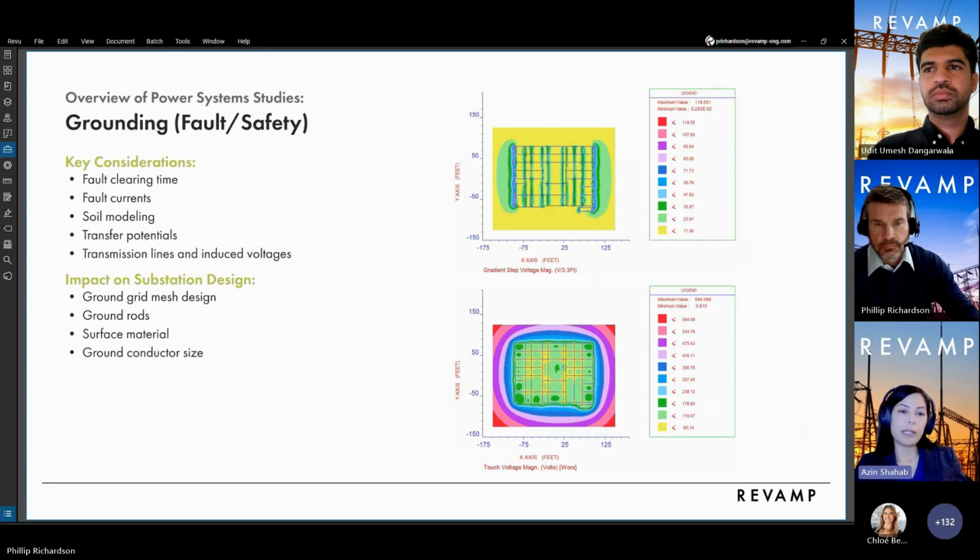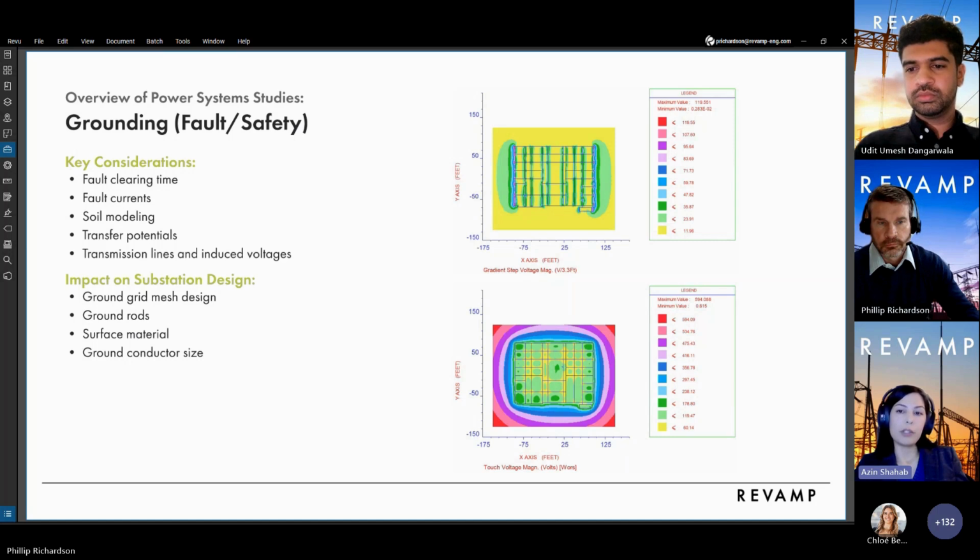The key factors that we typically consider in this study include the duration of fault or the fault clearing time, the fault current levels, the soil modeling based on the electrical resistivities of soil, which we would typically get from geotech reports.